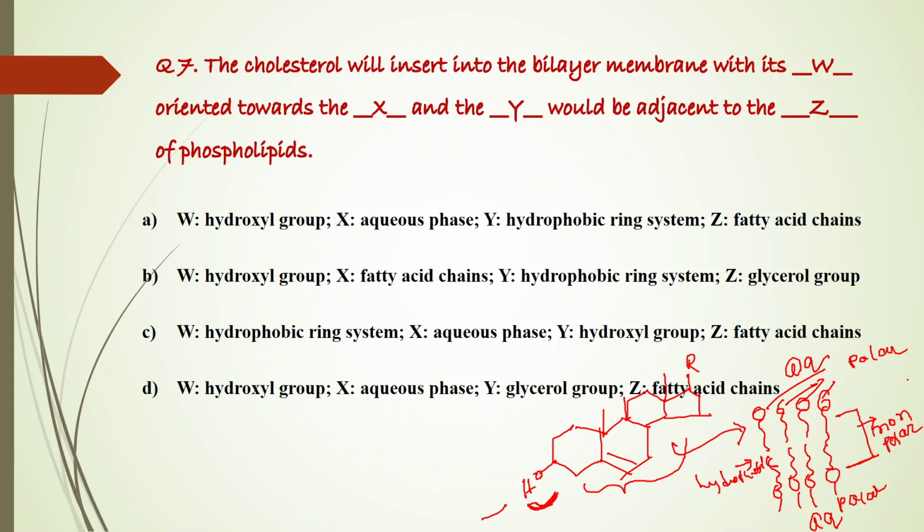Now if you are putting cholesterol here, this non-polar part would stabilize itself by embedding adjacent to the fatty acid chains of the phospholipid, which are the hydrophobic parts of the phospholipid.